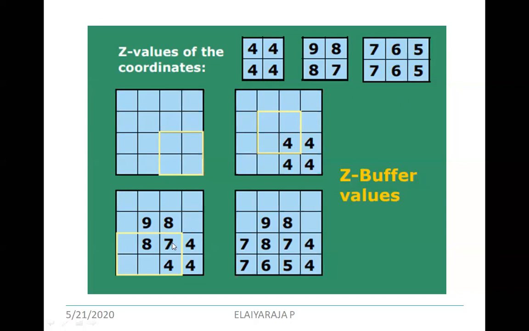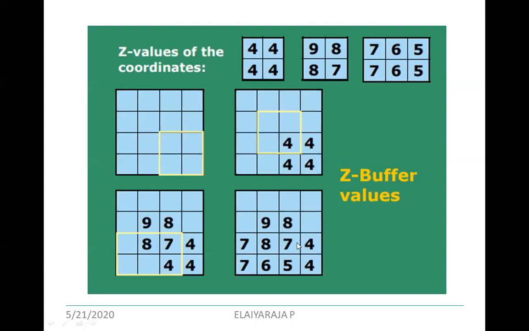Similarly, you take the third set of pixel values, where you have 7 6 5, 7 6 5. In this, your existing pixel value is already higher than the new pixel value, so this pixel value will not be replaced. It will remain the same.